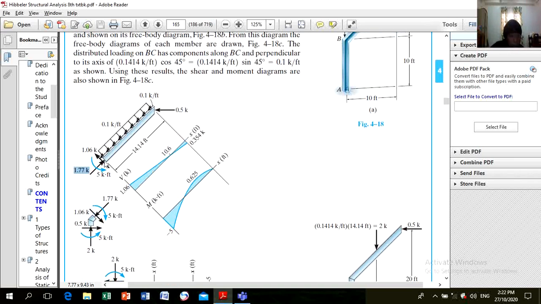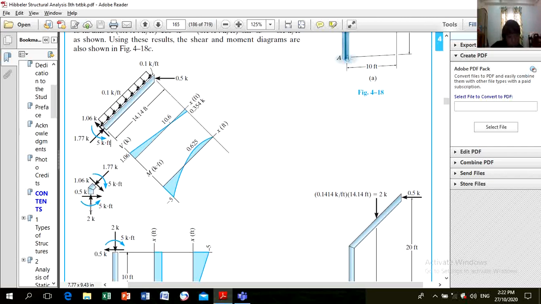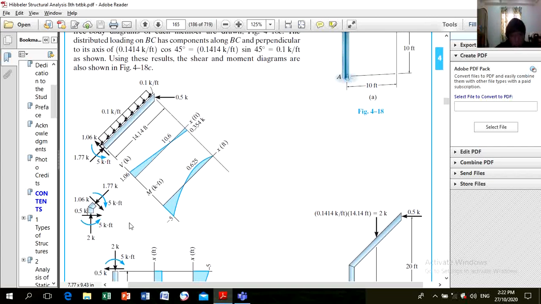So now, whatever values you computed here, you apply here, just applying the principle of equilibrium to get the reaction here, and whatever reaction you calculated here, you apply to the other member with reversed direction so that it will be in equilibrium when you consider the whole structure.